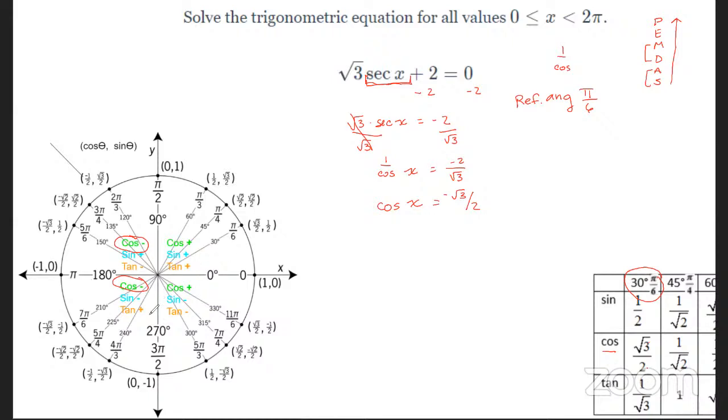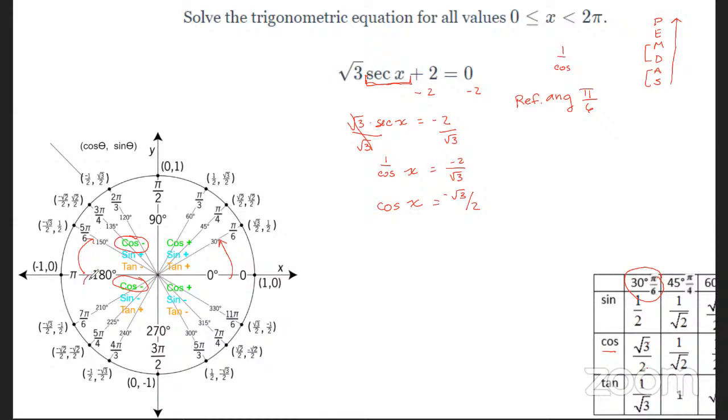So I need to find which of these angles are coterminal angles, reference angles, that match up with the 30-degree reference angle. Okay, so 30 degrees is from your point right here, your line, your starting point. So if you're in quadrant 2, the 30 degrees equivalent would be over here, 5 pi over 6.